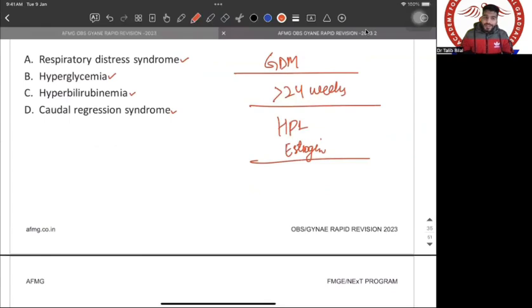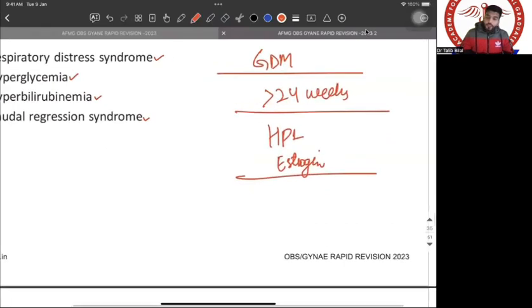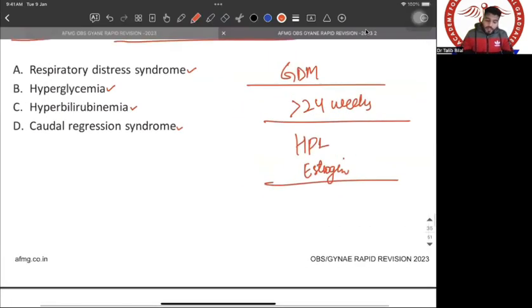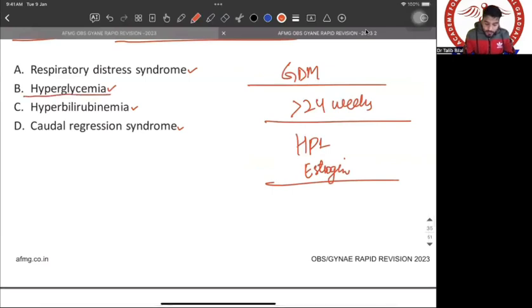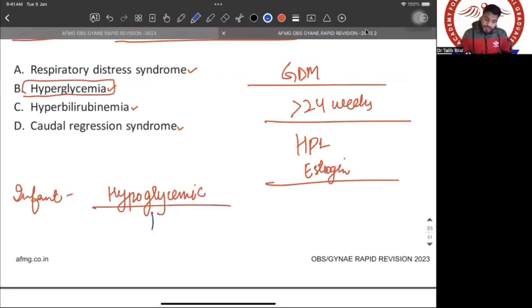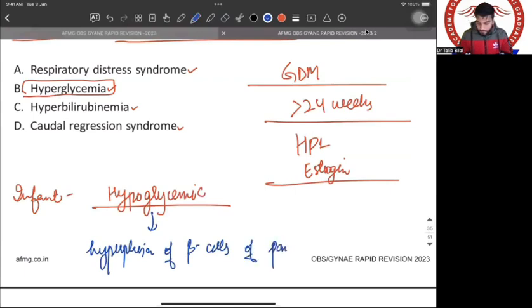Now, I have told you guys, the infant of the gestational diabetic mother will be hypoglycemic. Why will it be hypoglycemic? Because there is a hyperplasia of the beta cells of the pancreas.